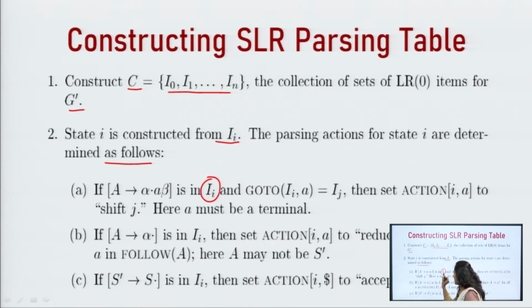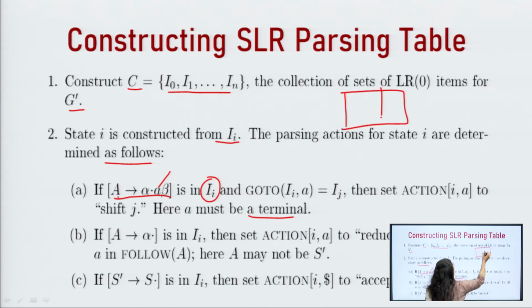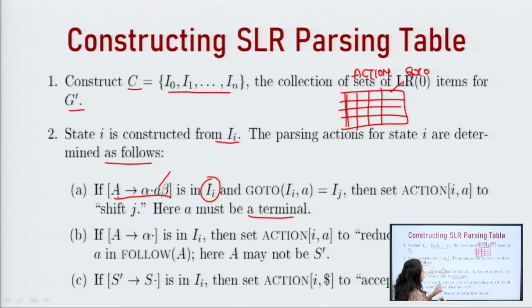Now if in Ii we have A to alpha dot a beta, where a is a terminal, then we are creating a parsing table, and this parsing table will have two main sections: one corresponding to action, and second corresponding to goto. First we see what to write with respect to action. Action columns are marked for terminals or dollar, while goto columns are marked for non-terminals.